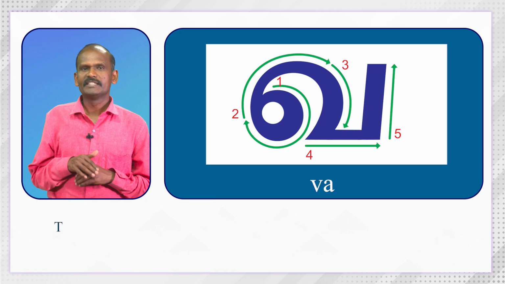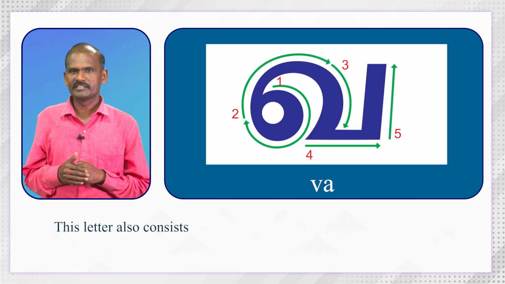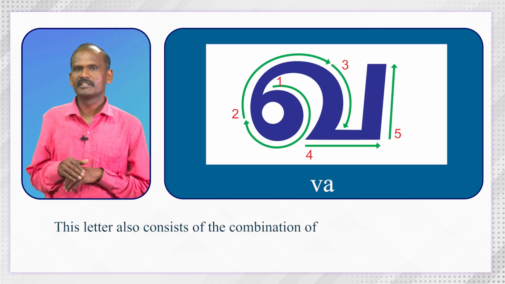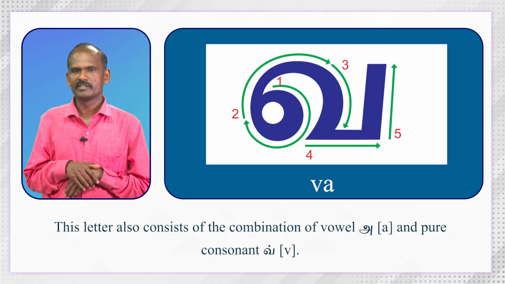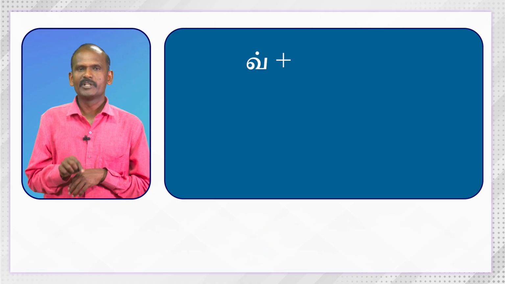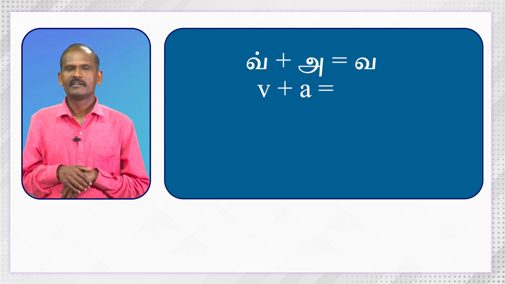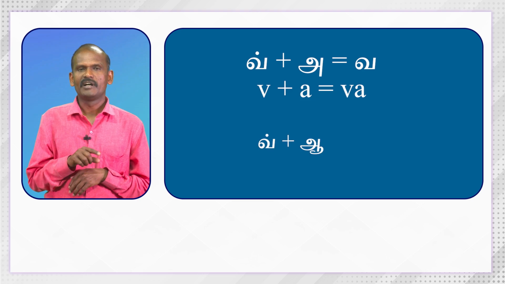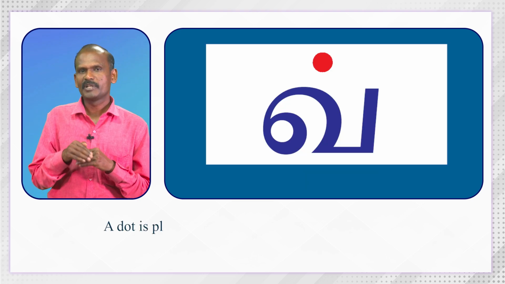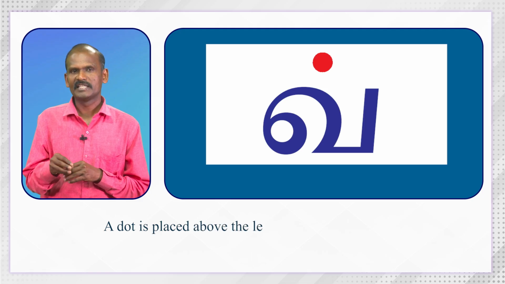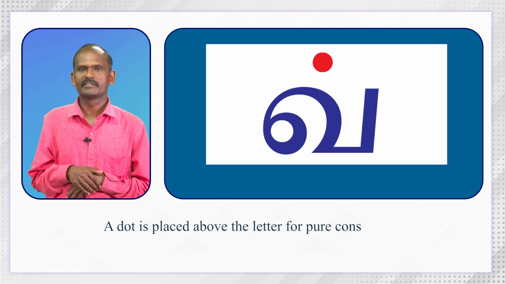This letter also consists of the combination of vowel A and pure consonant U. U plus A, Ba. A dot is placed above the letter for the pure consonant.